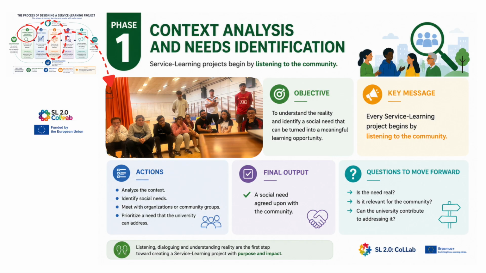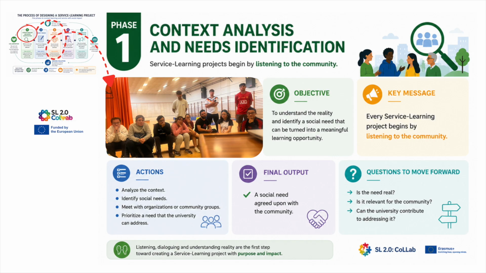This process involves observing, asking questions, meeting with community partners, and exploring existing needs together. In many cases, several potential needs will emerge. It is therefore important to identify the one that is most relevant for the community, while also offering meaningful learning opportunities for students and aligning with the learning outcomes of the course or academic program.